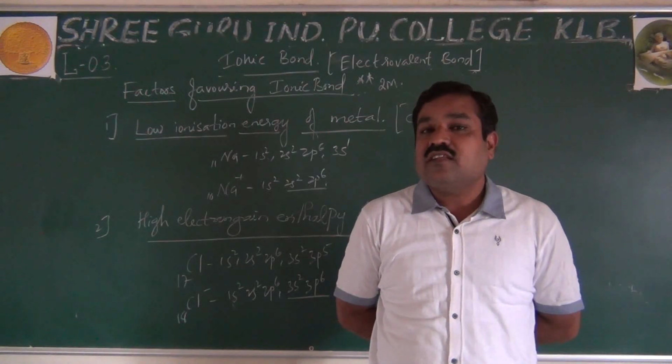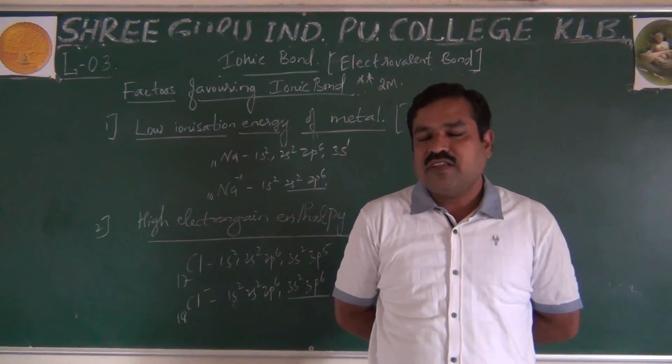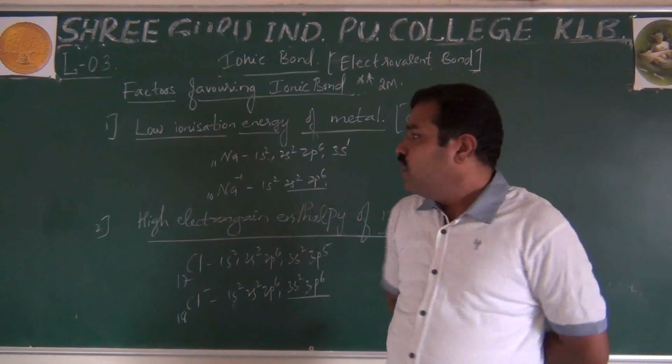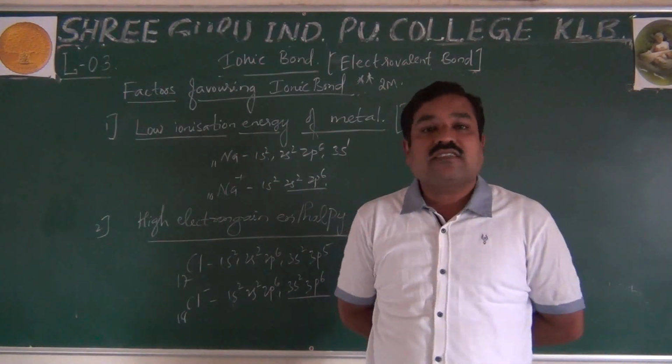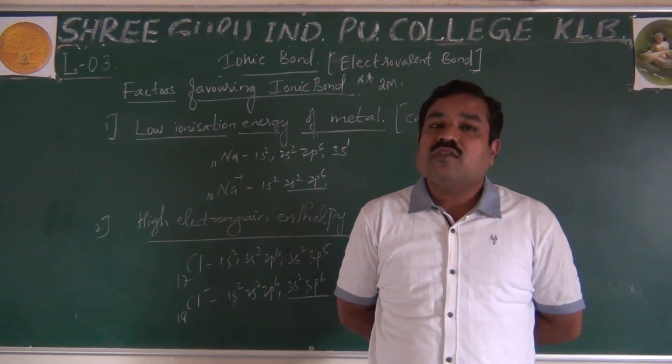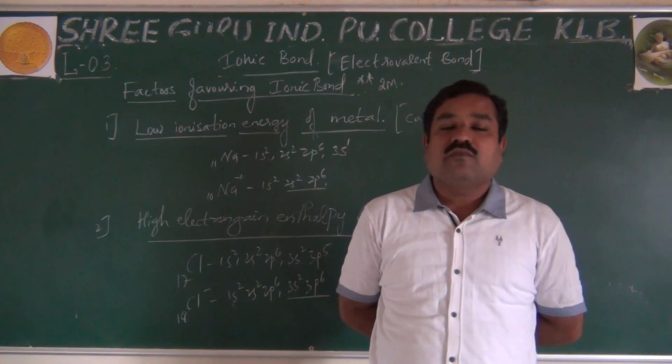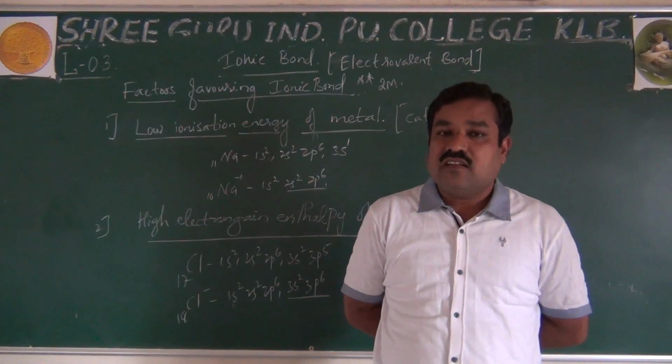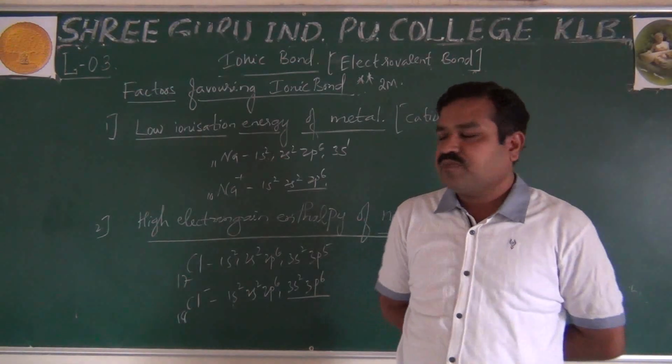Even in the solid state it exists as ions. Please remember, point to be noted. Then, ionic bond is not a directional bond. It's a non-directional bond because the electrons will not pull over another atom. That's why it is called non-directional. They are not fixed.